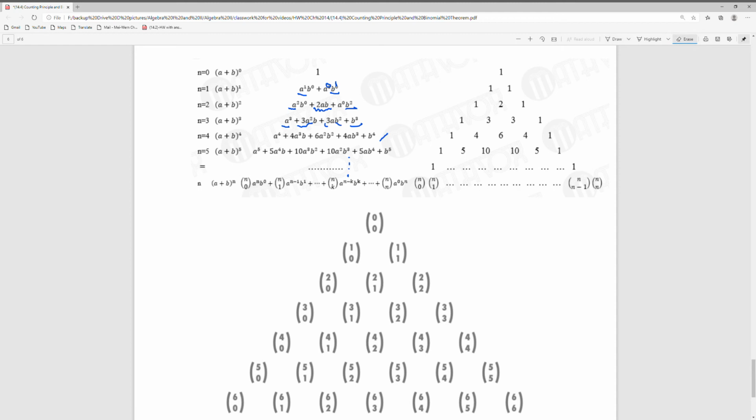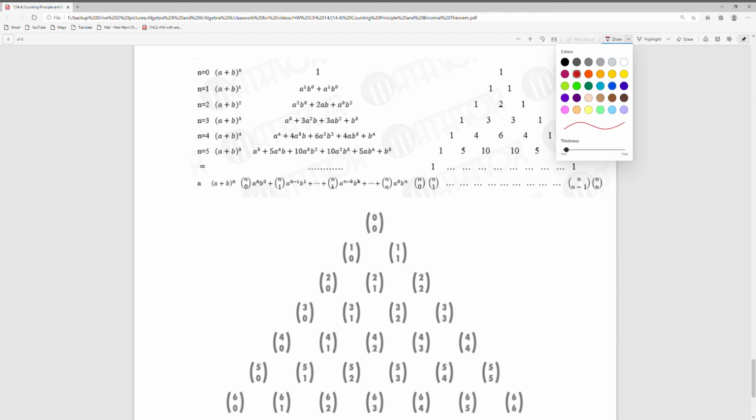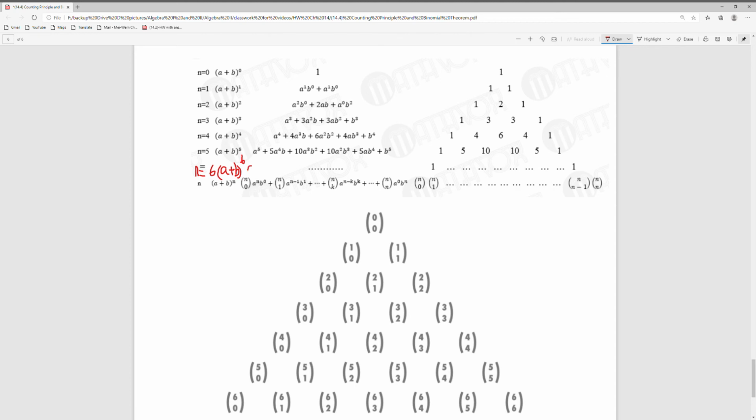And your job right now is, if you learn how to make Pascal's triangle, then you can easily figure out, for example, let me show you. If I say n equals 6, then I have a plus b to the 6th degree, and I can easily write down the answer.